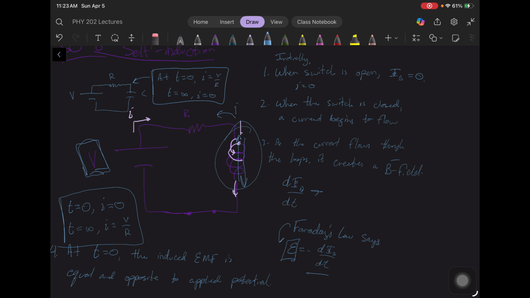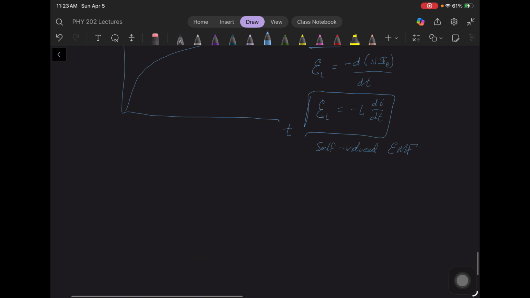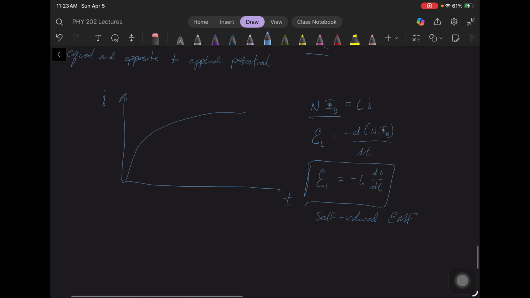Because once you have enough charge built up on these plates, you get a potential equal and opposite, and no current can flow. There you build up charge to get the potential. Here we are changing the flux to get a potential. So you can see these are the opposite cases of each other. And that's neat. Okay. And I think self-induction is where we're wrapping it up for today.